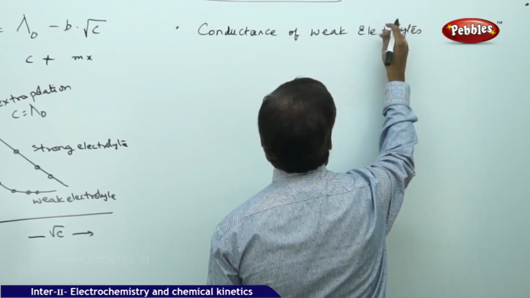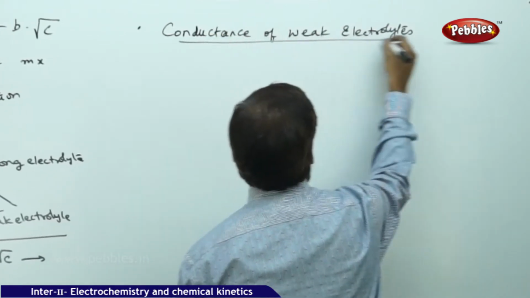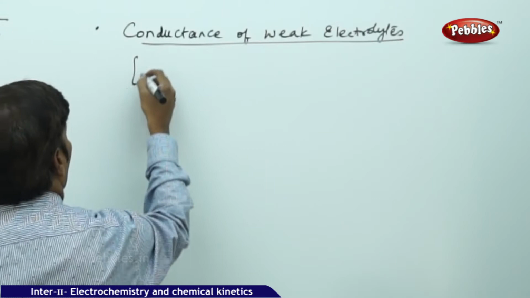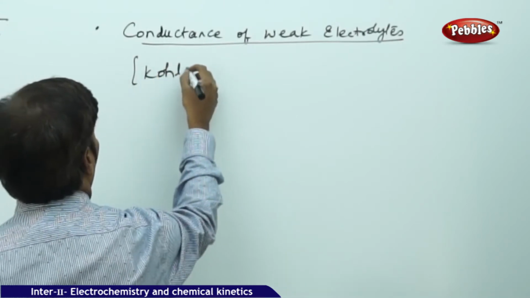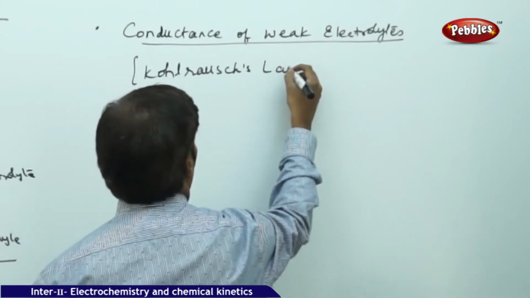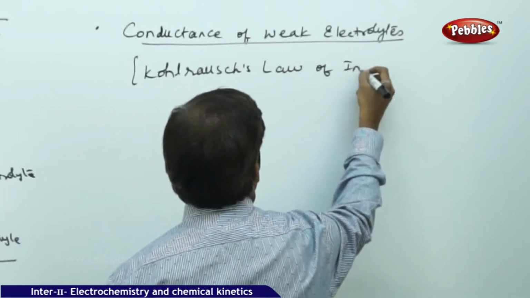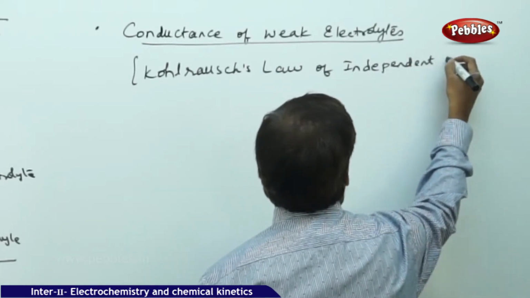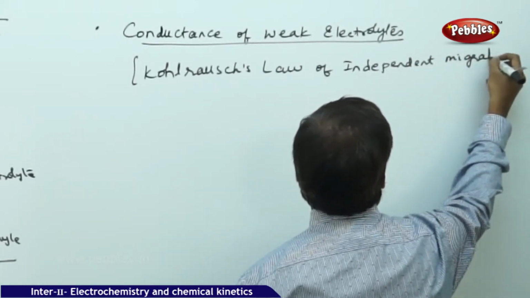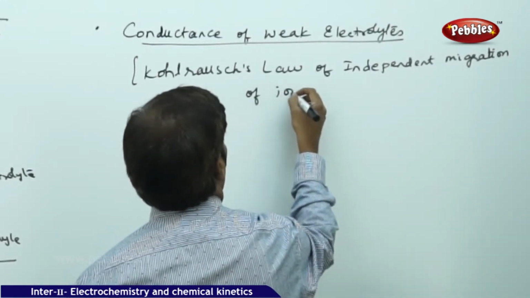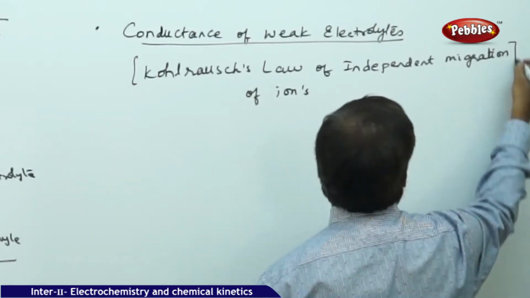If you go for weak electrolytes, the conductance of weak electrolytes was explained by Kohlrausch's law of independent migration of ions.